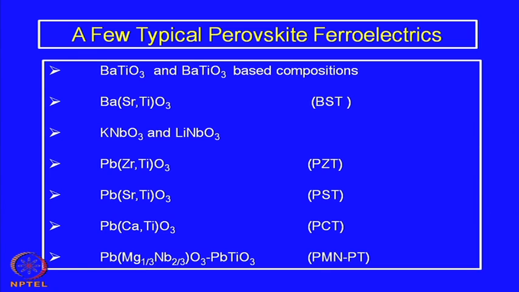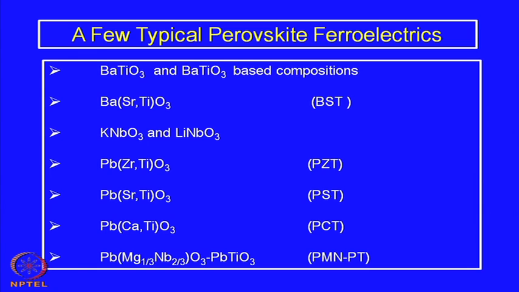So, that is another group of perovskites with a deviated composition, and they are also very important from the practical point of view. Then you have another mixed titanate, a solid solution of lead zirconate and lead titanate, normally known as PZT, which is a very important group, just like barium titanate. Even next to barium titanate, PZT is another very important material used in industry.